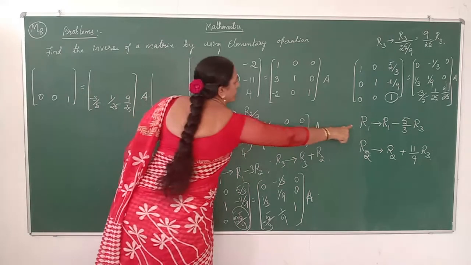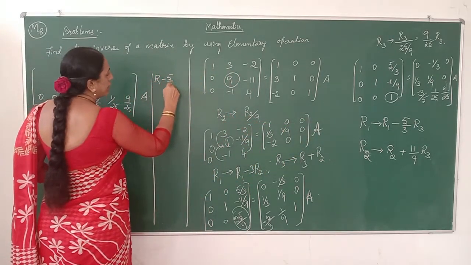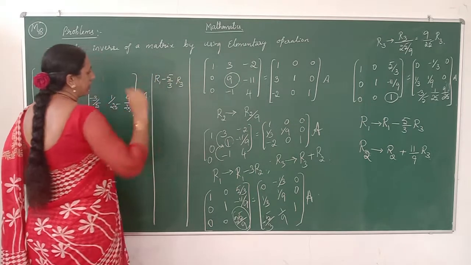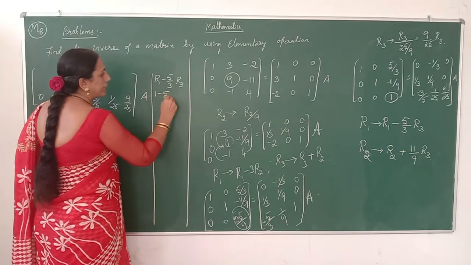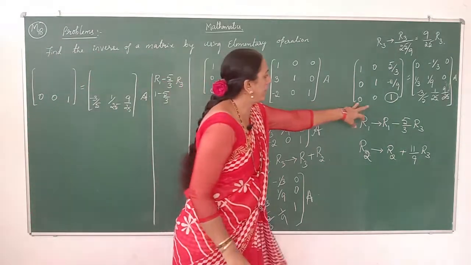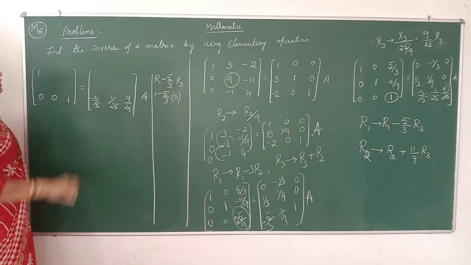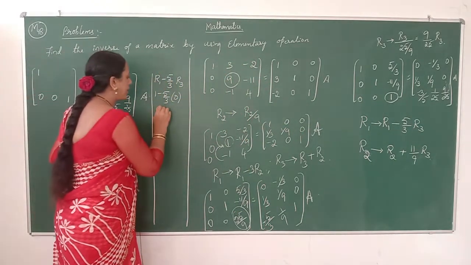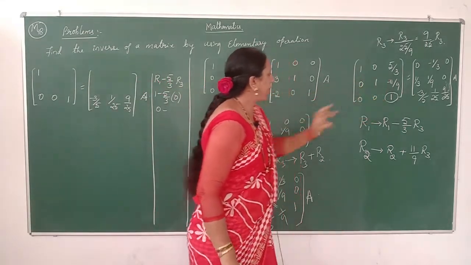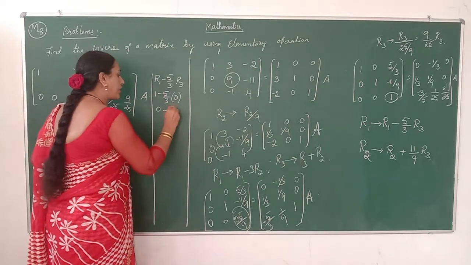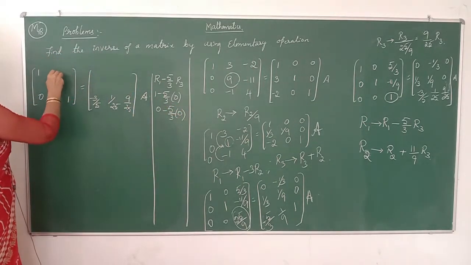In the first row, R1 minus 5 divided by 3 times R3, where R1 is 1 minus 5 by 3 of the corresponding R3, which is 0. That is again nothing but 1. Similarly, the second element: R1 is 0 minus 5 by 3 of the corresponding R3, which is also 0. 0 minus 0 is 0.